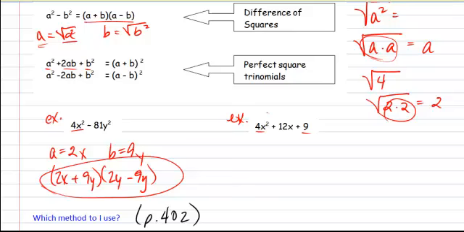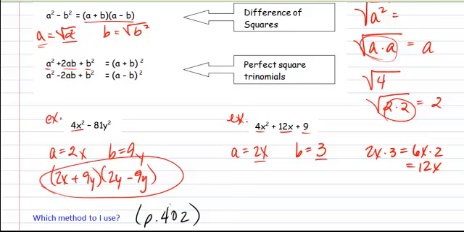The square root of 4x squared is 2x, so that's my a. The square root of 9 is 3, so that's my b. If I multiply 2x times 3 off to the side, I get 6x, times 2, I get 12x, which is that middle term.